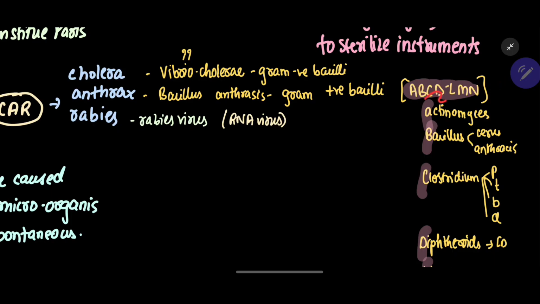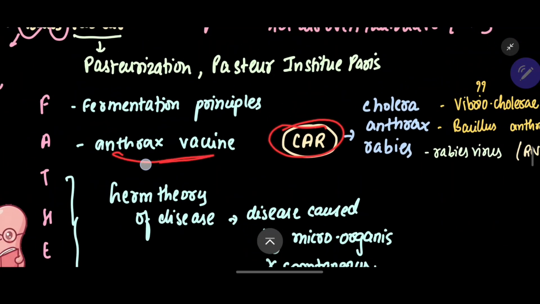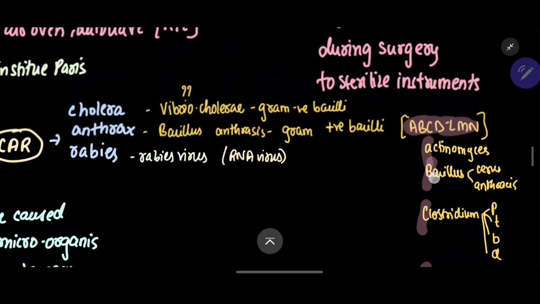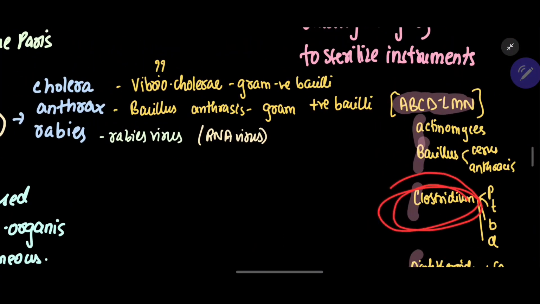So A, B, C, D, L, M, N. A is Actinomyces, B is Bacillus. It can be cereus or anthracis. We are talking about anthracis. It causes anthrax. Louis Pasteur gave the anthrax vaccine. Next one is C. C is for Clostridium.